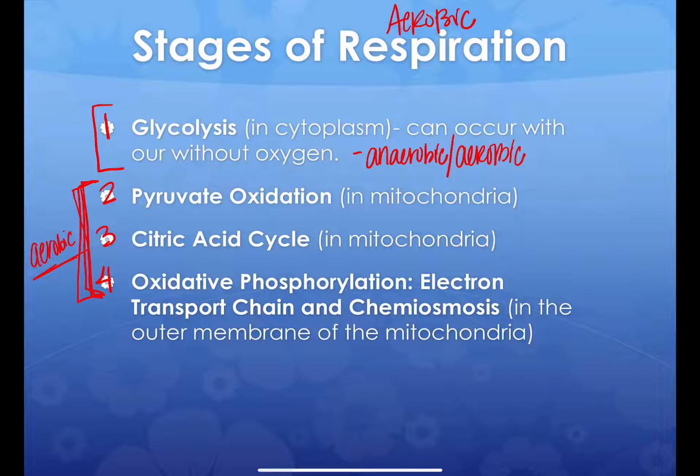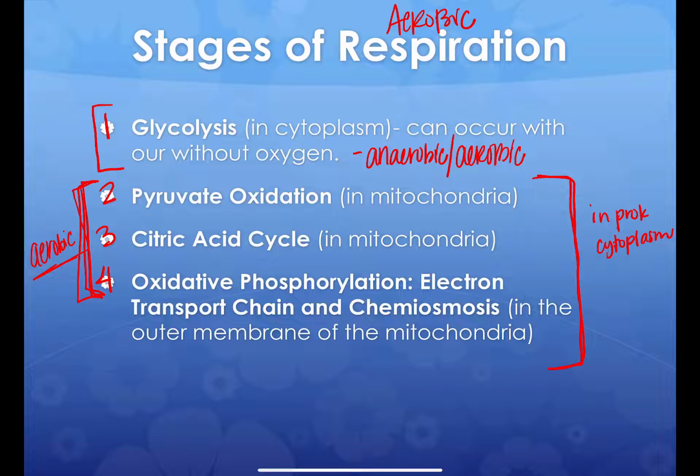So they make that ATP through respiration. But because they don't have a mitochondria, these steps that occur in the mitochondria in a eukaryotic cell, in a prokaryote, they happen in the cytoplasm.